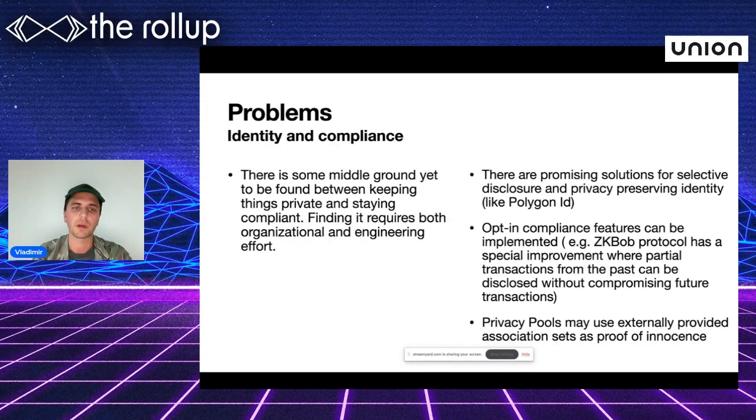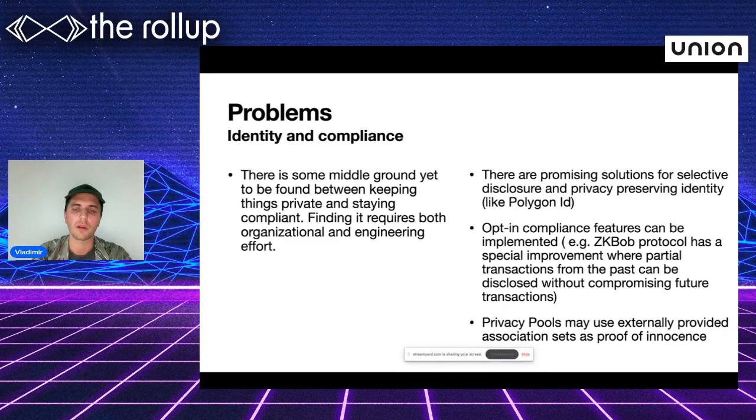And the last, but not least, there is a problem with privacy applications: we don't have certain requirements about what private data has to be disclosed and what does not. We have our view on this problem, of course, and we have special opt-in compliance features, such as a compliance report, where you can decide to disclose only a certain period of your transaction history without compromising anything outside of this period.